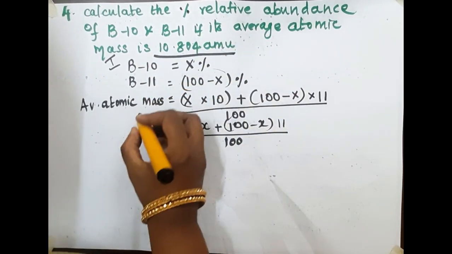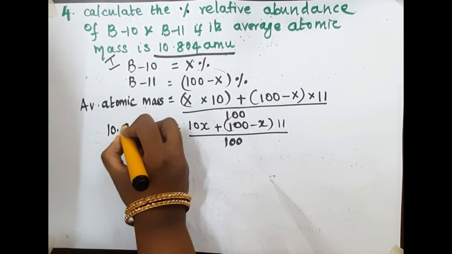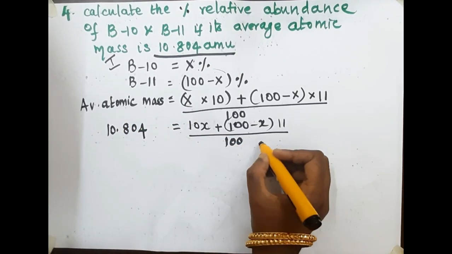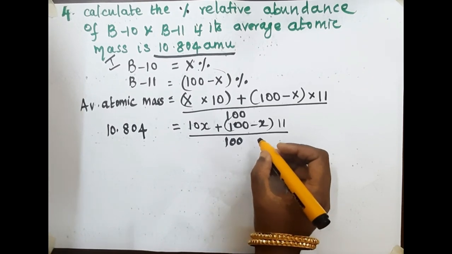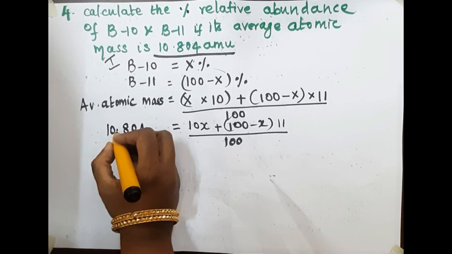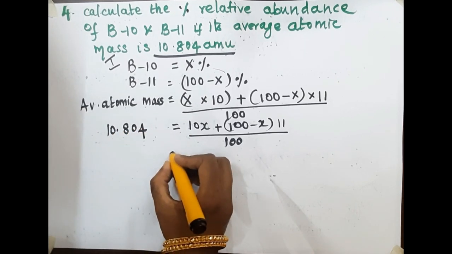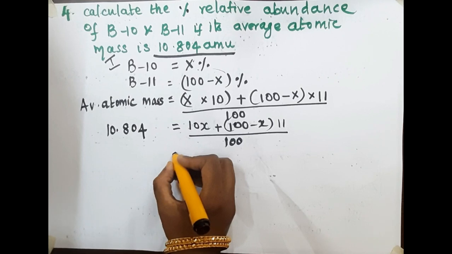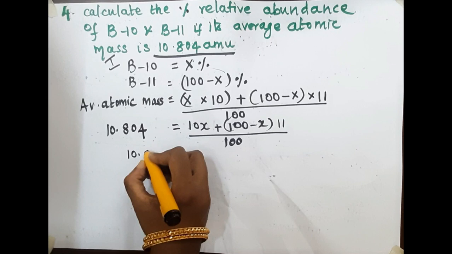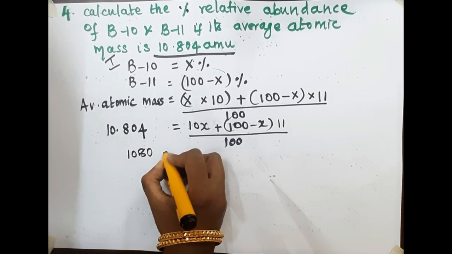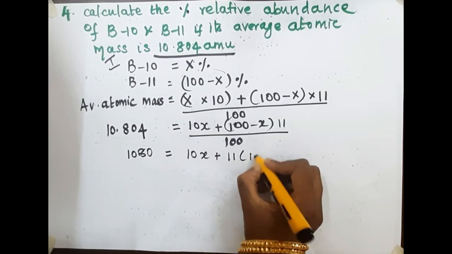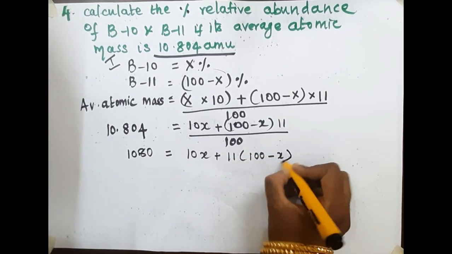It is 10.804. Now I am putting 10.804 here. Okay, children, now I am going to equate this equation. I am going to cross multiply this 100 with 10.804. So what will it become, children? That is 1080 equal to 10x plus 11 into 100 minus X.